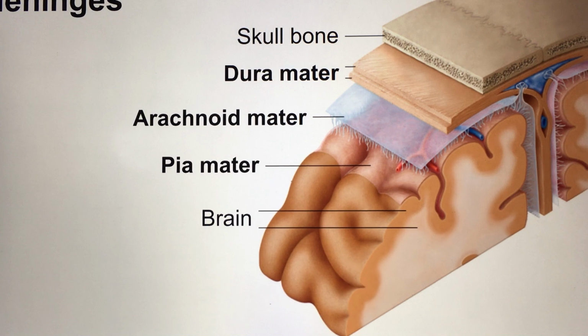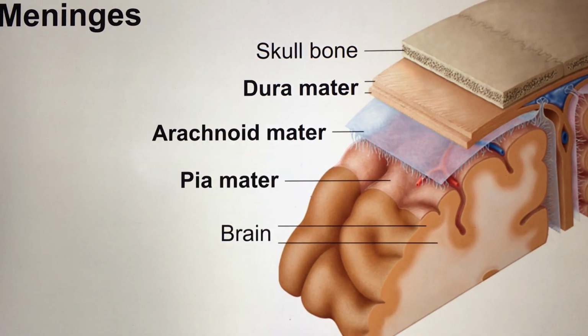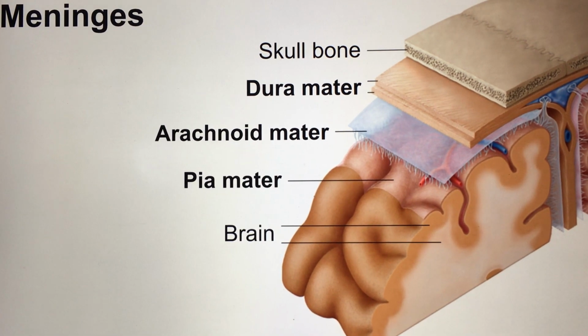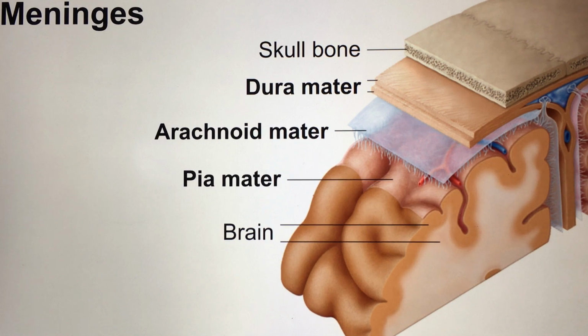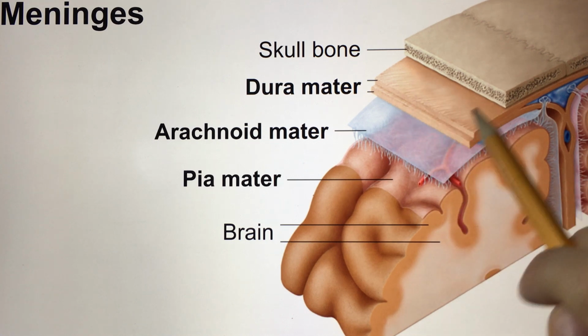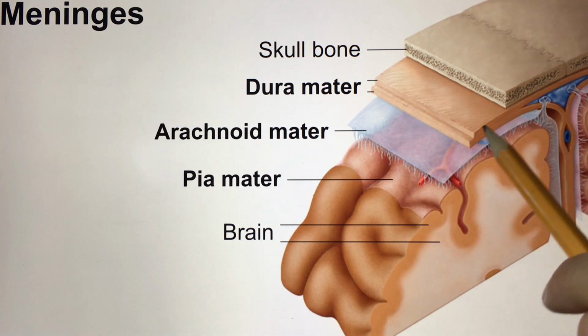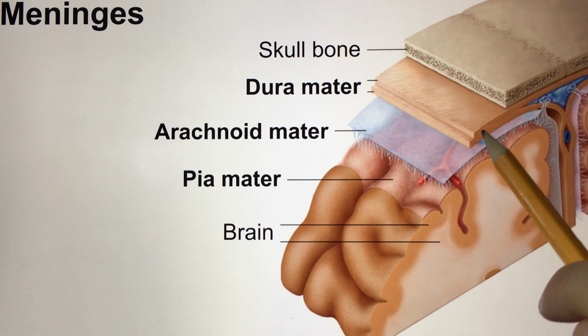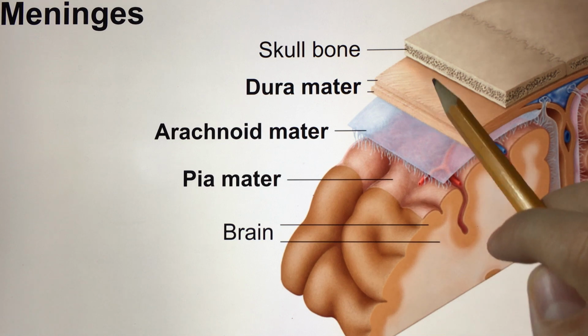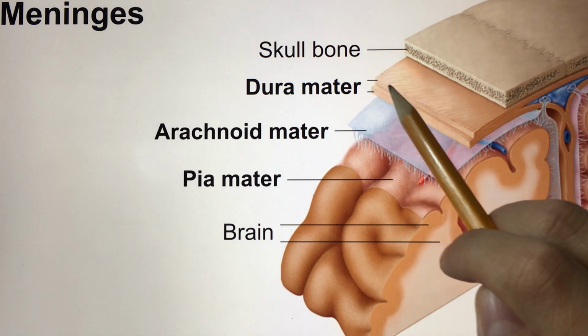Here's a diagram of the meninges on the surface of the brain, also showing protection of the brain by other parts. So first we have the skull bones. You can see the sutures between them, spongy bone inside, compact on the outside. Under the cranial bone, we have dura mater, this cream beige colored layer. It's actually made out of 2 layers.